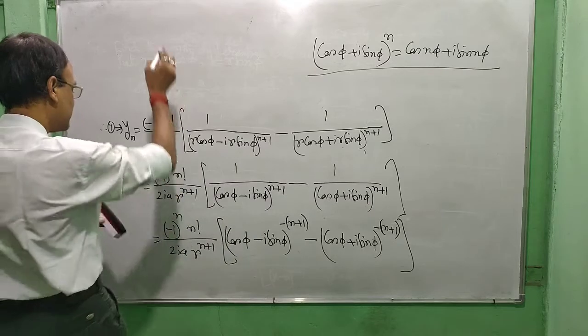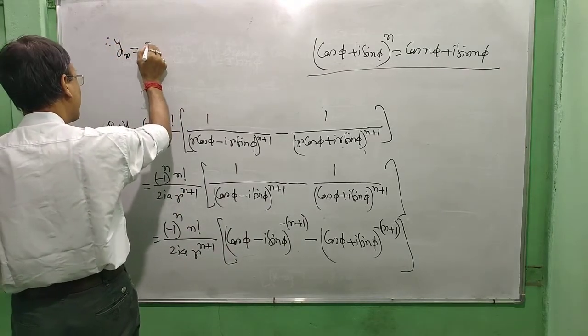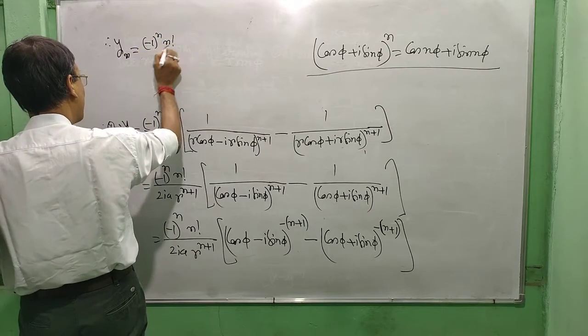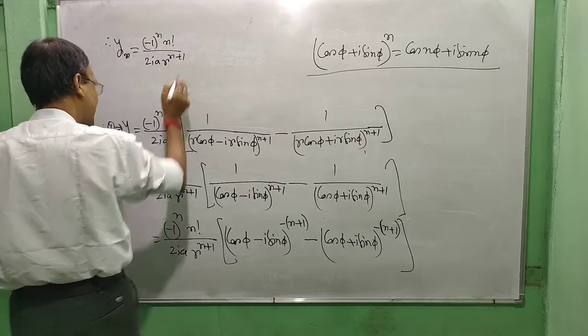Therefore yn is equal to minus 1 whole to the power n factorial n divided by twice ia r to the power n plus 1.